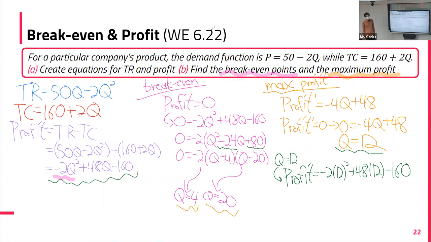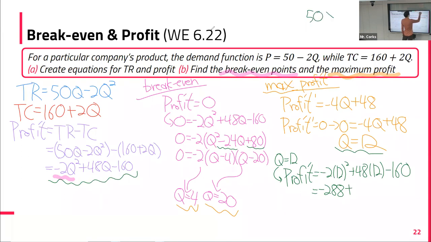Calculator. I saw you typing it in. So 12 squared, what's that number? Okay, 144. So times negative 2. All right, so negative 288. And this number 48 times 12. You knew that? Yeah. Okay.